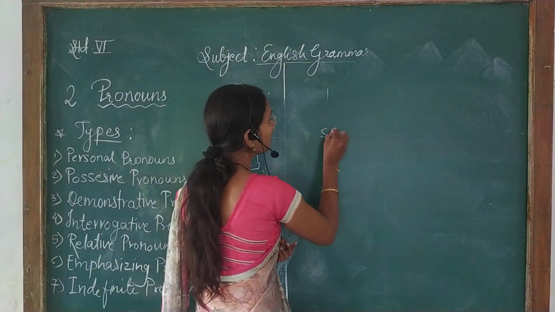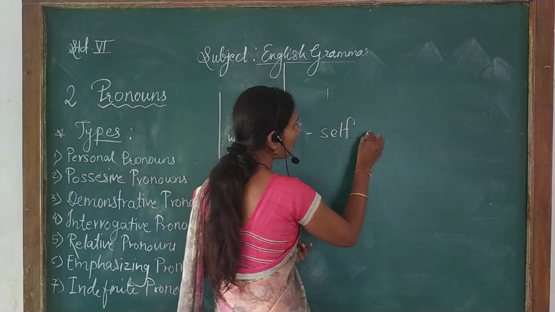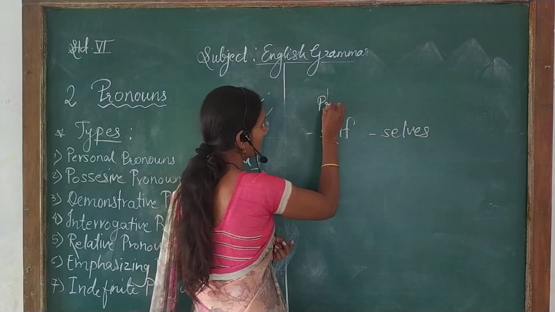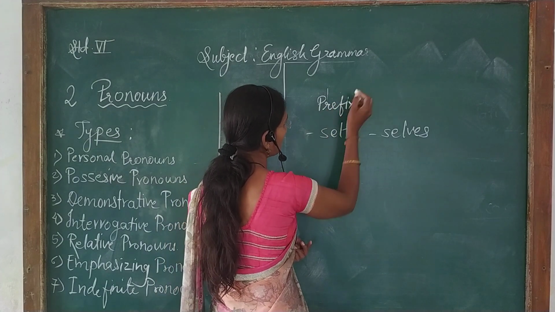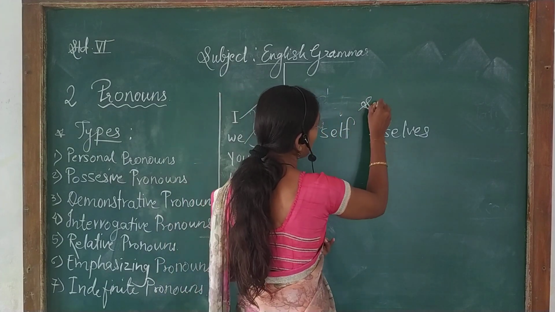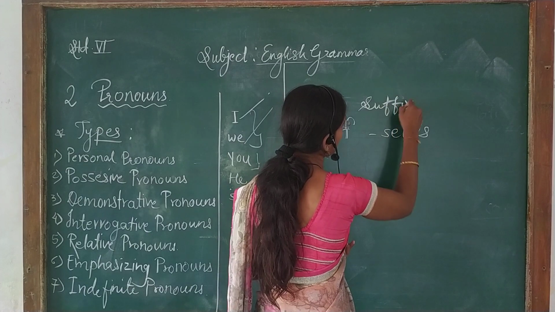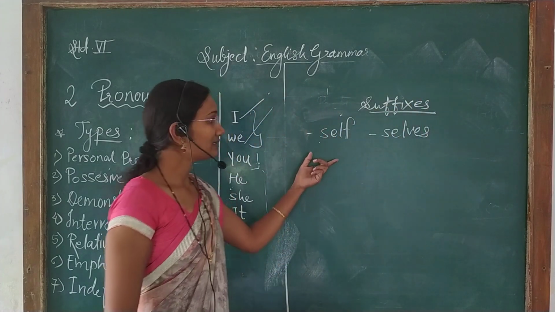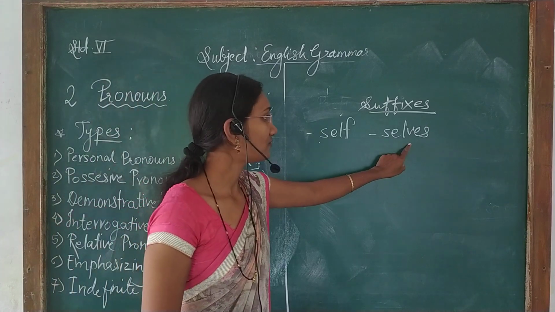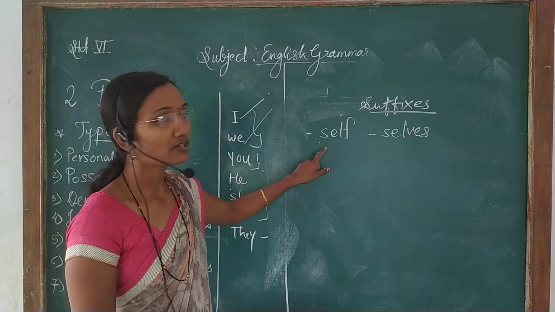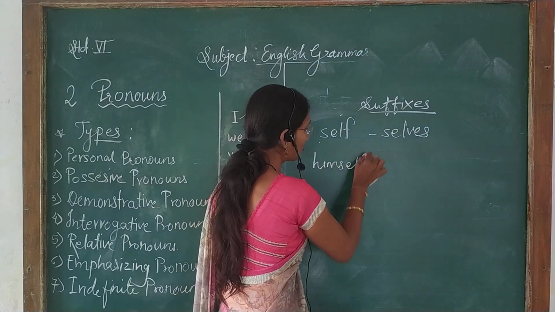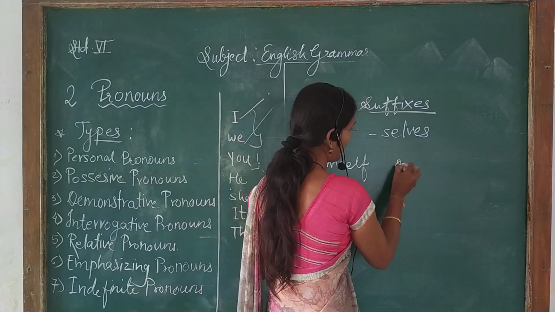So when we join self or selves, these are the suffixes, I'm sorry, these are the suffixes. When you join these suffixes at the end, this is for plural form and this is for singular form, okay.